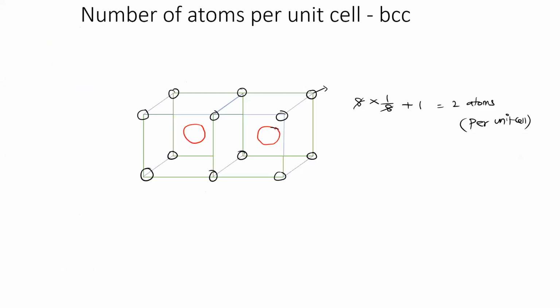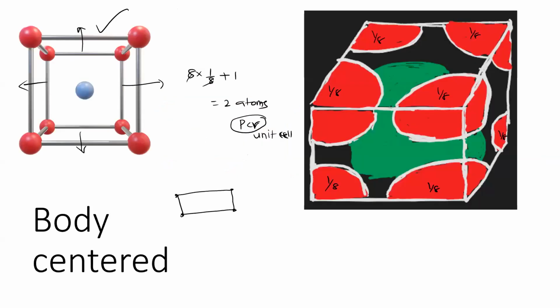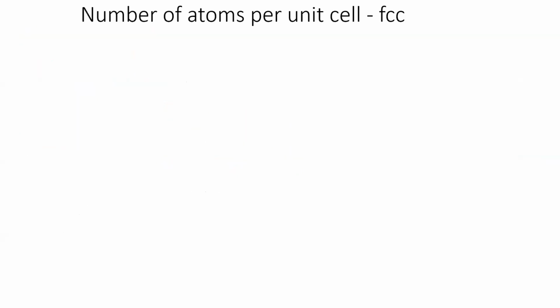If you calculate for this atom also, 8 corner atoms, 1 corner atom contribution is 1 by 8, and 1 full atom is inside the body. So totally it is 2 atoms. Okay, sir, understood.